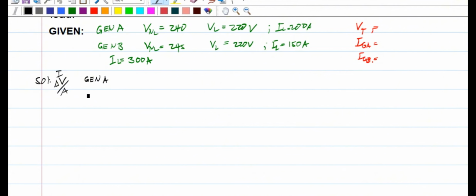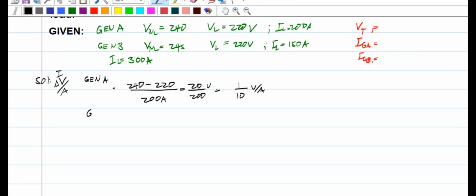So we have 240, the no-load voltage, minus 220 over the 200 amps. So that is 20 volts over 200, which is equal to 1 over 10 volts per ampere.